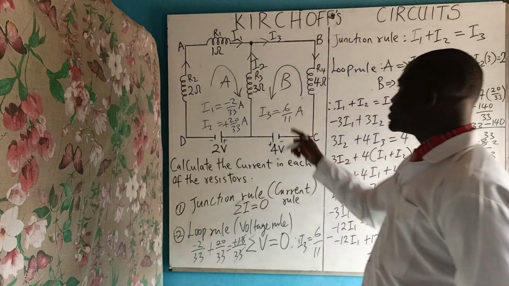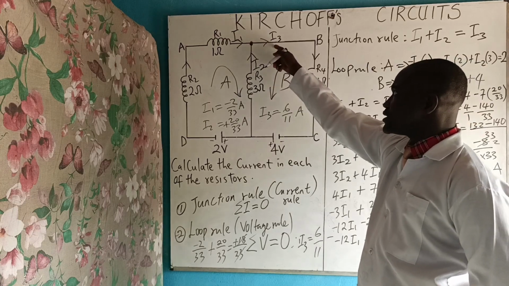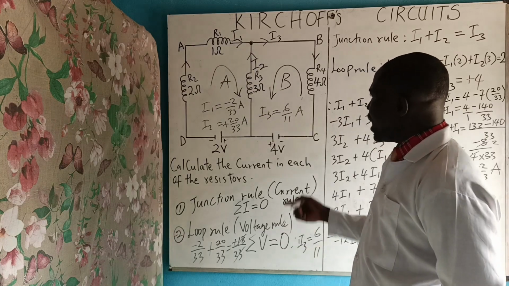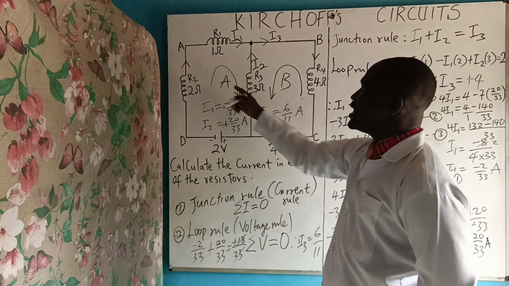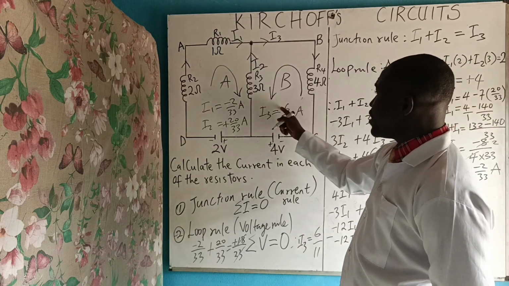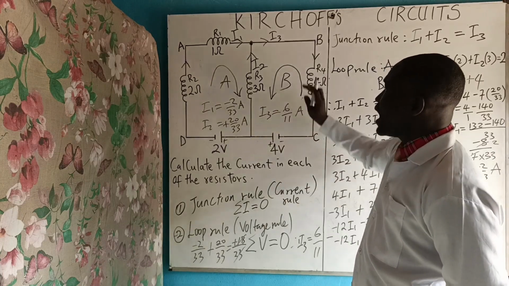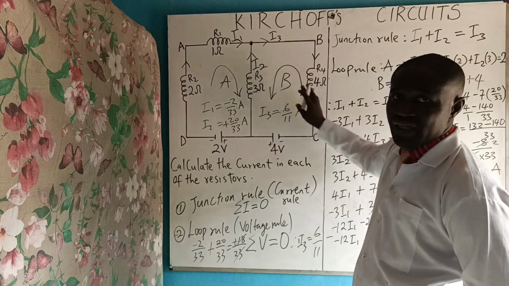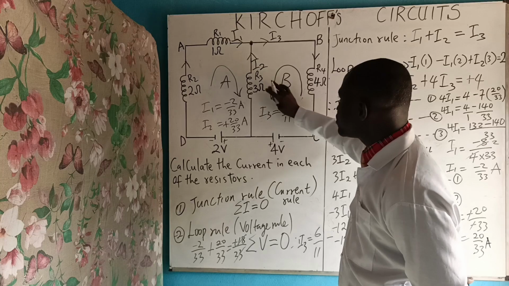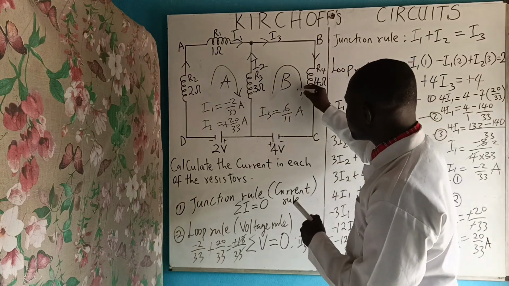Remember, once it is positive, it means that the loop is in opposite direction with that current. This one is negative because the loop is in the same direction with this current. And because what we got tallies with what we have on the diagram, it means we are correct. If we have here to be negative and have I2 to be negative, the implication is that I have to change the direction of the loop after solving.